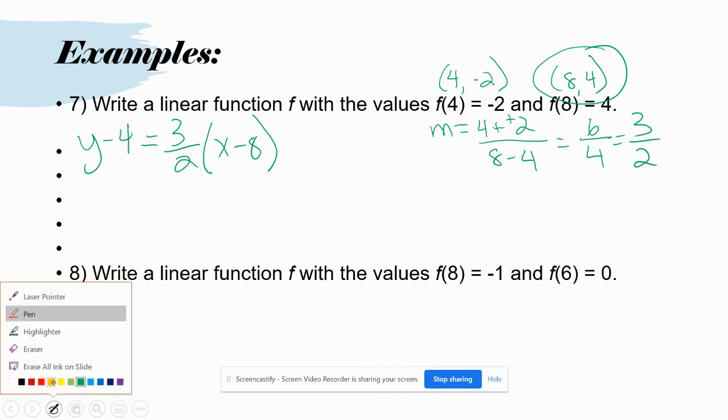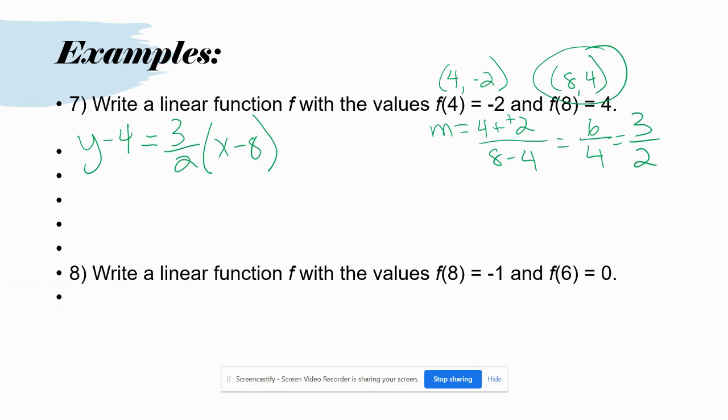Remember, it still wants these in slope-intercept form. So we have point-slope form. We found the slope. We wrote it in point-slope form. Now we need to get y alone. Distribute the 3/2. 3/2 times x is 3/2 x. 3/2 times negative 8. Remember, that can be negative 8 over 1. So 3 times negative 8 is negative 24. 2 times 1 is 2.